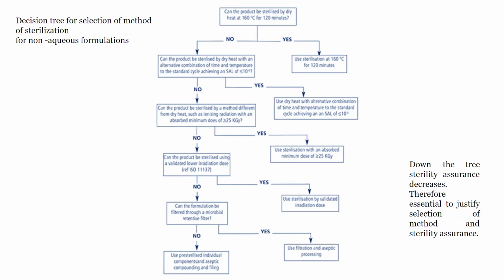There are a number of testing methods which are defined in ISO 11137. So you have to go through all the methods to test whether the lower dose of radiation is feasible, and you have to validate it. And if you have sufficient documentation and proof that a lower dose is sufficient to cause sterilization, then you can adopt that method of sterilization at lower doses.